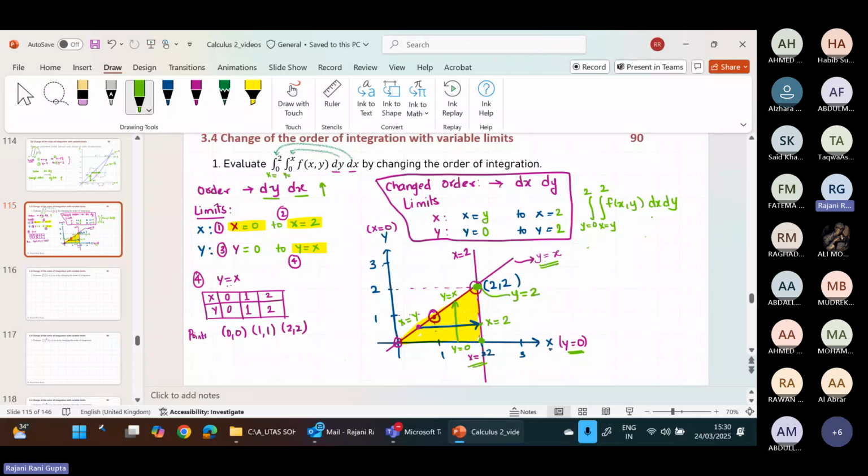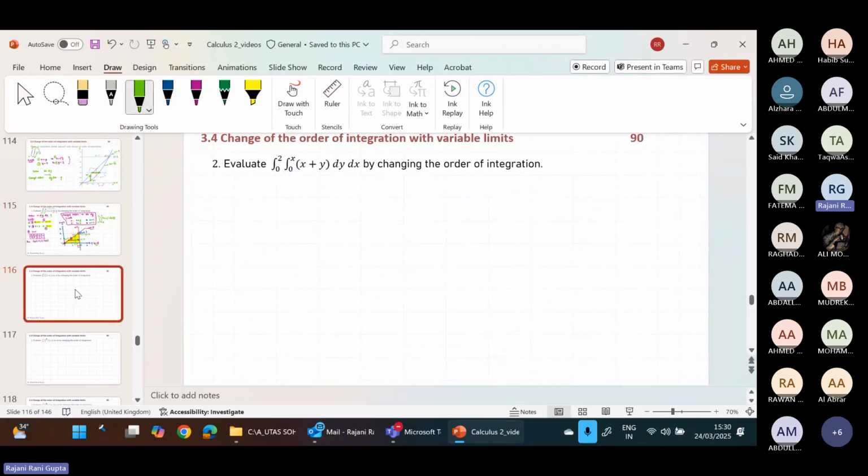And after that, you have to solve it. So let's consider this question. Again, I have the same thing. You have to change the order of integration. The current order of integration is dy dx.